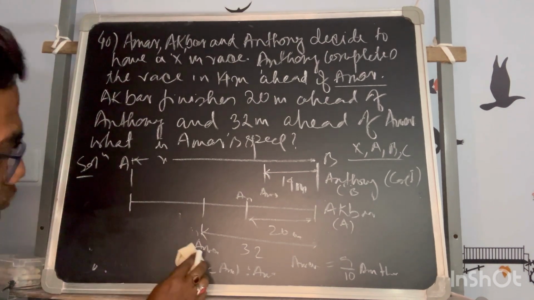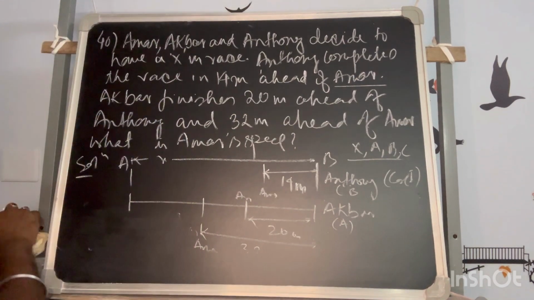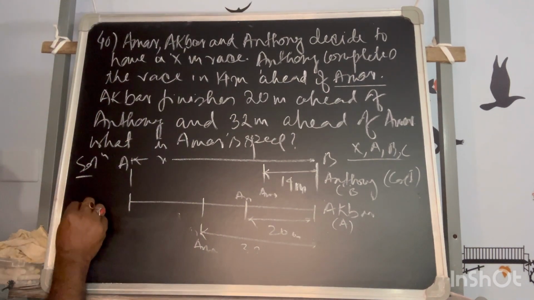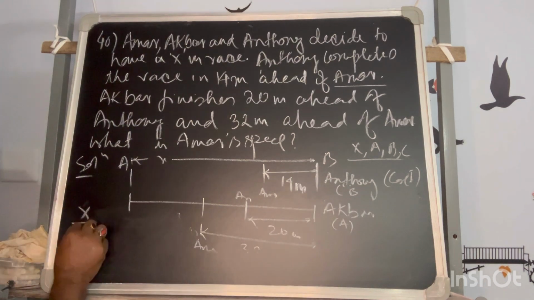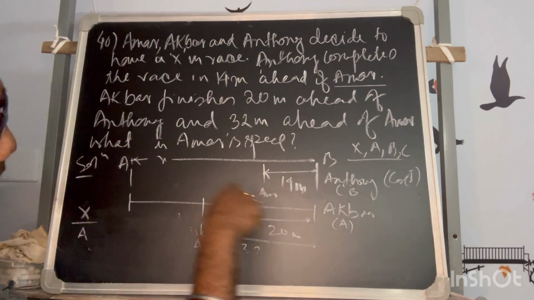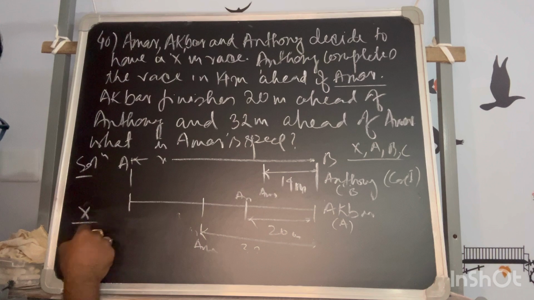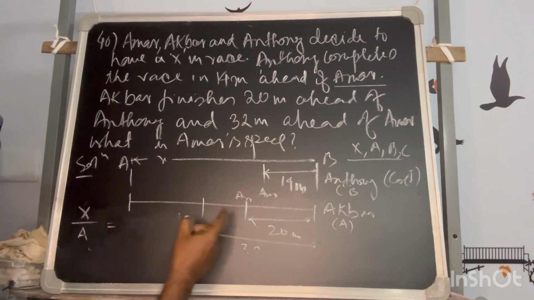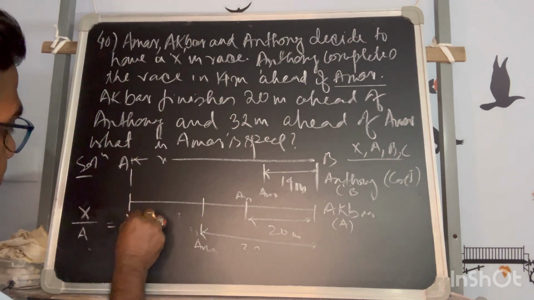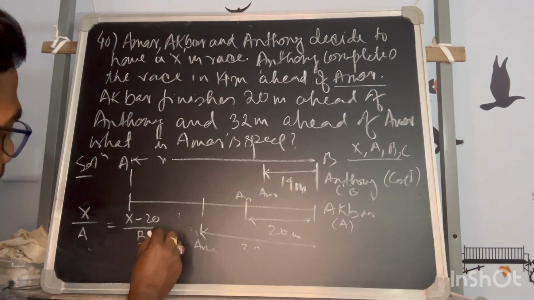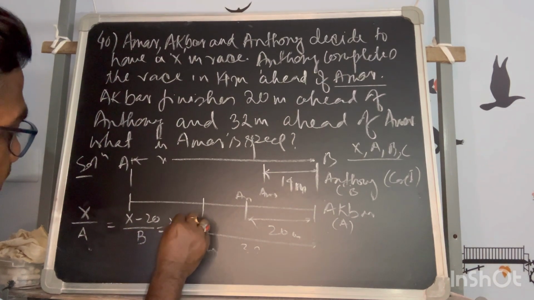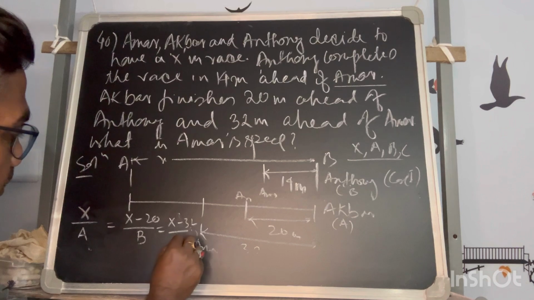If I solve the first equation that I have given, x by the speed of Akbar, a, the time taken by Akbar to cover x distance is x by a. At the same time, Anthony is covering x minus 20 by his speed b, and Amar x minus 32 by c.